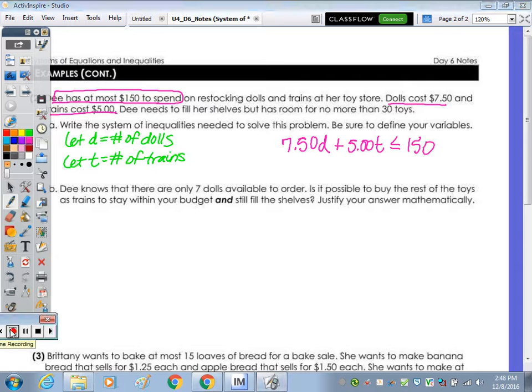The other comes from she has room for no more than 30 toys. So the number of dolls plus the number of trains is no more than 30, so it can be 30 or less.